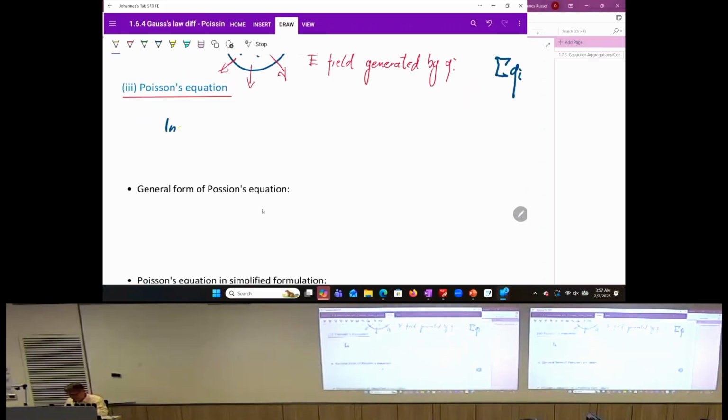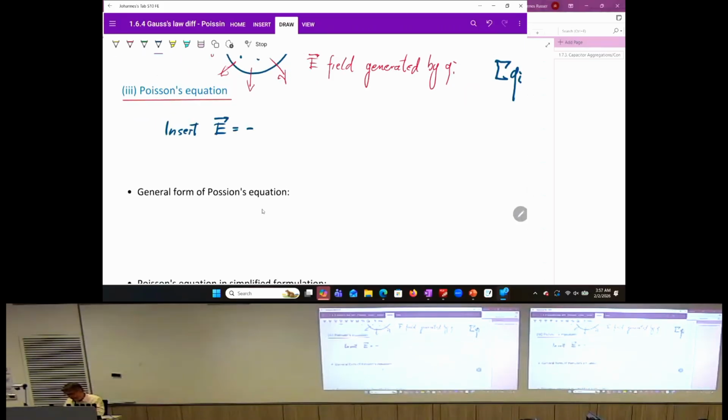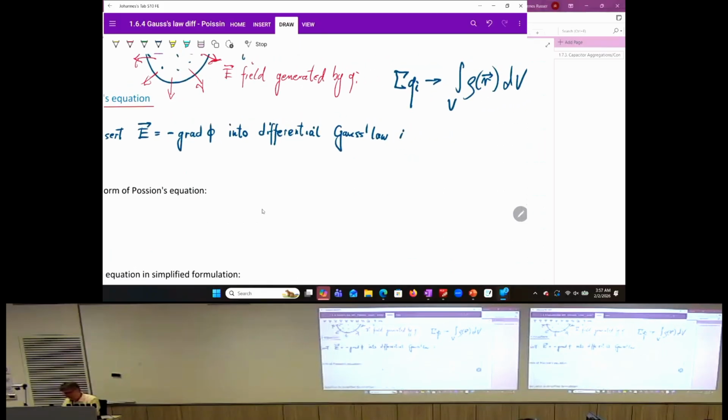Now, let's insert that the electric field is the negative of the gradient of phi, and we put that into the differential form of Gauss's law. What we also make use of is the fact that the displacement field is related to the electric field via the permittivity.